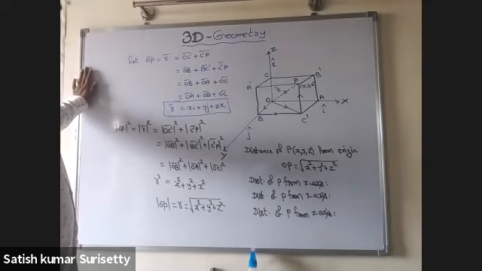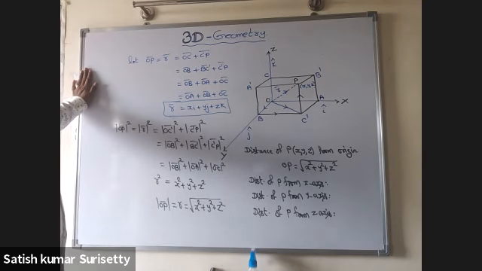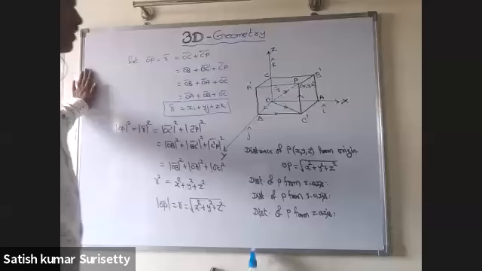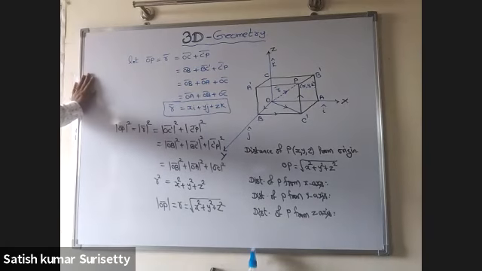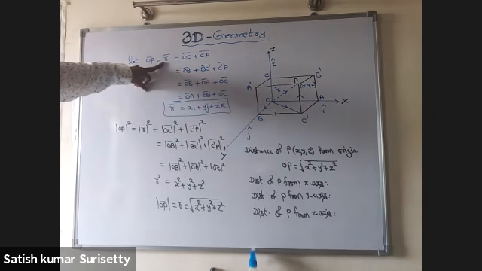Let P be any point in space whose coordinates are x, y, z. Let i cap, j cap and k cap be unit vectors along x-axis, y-axis and z-axis. OP bar equal to R bar, which is equal to OC dash bar plus C dash P bar.